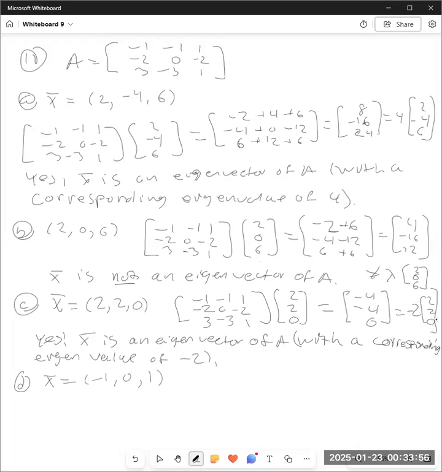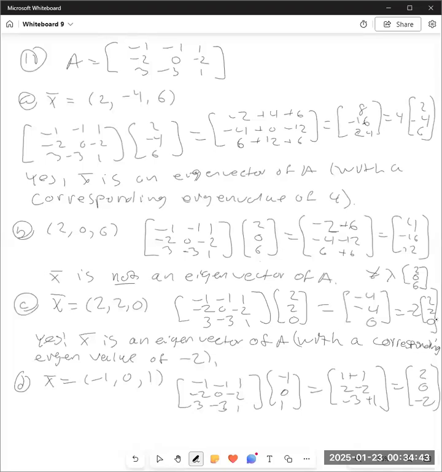And then last one here, D, x bar equals -1, 0, 1. So -1, -1, 1, -2, 0, -2, 3, -3, 1 times -1, 0, 1 is 1 plus 1, 2 minus 2, -3 plus 1. So that is 2, 0, -2.